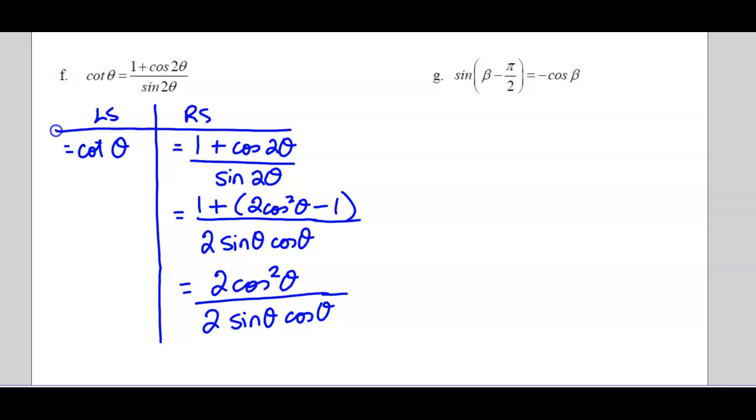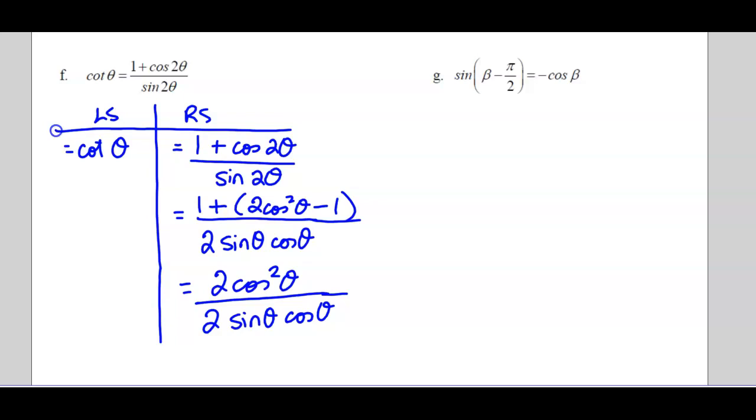This is not the only way to do this. You can replace this with the other forms, and then maybe you have to replace again. Remember, the way you do it might be slightly different from your neighbor. You show your steps. If you end up getting the left side equal to the right side, you're good to go.